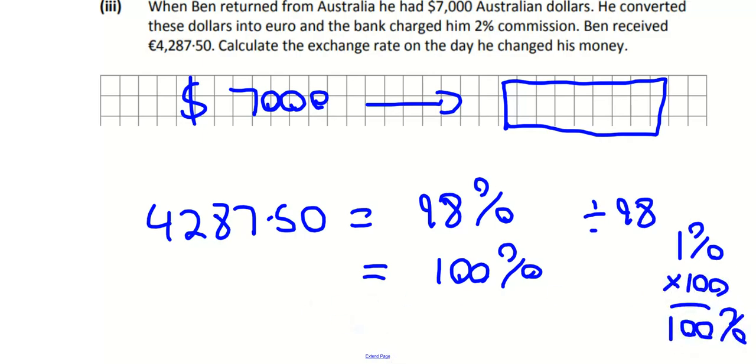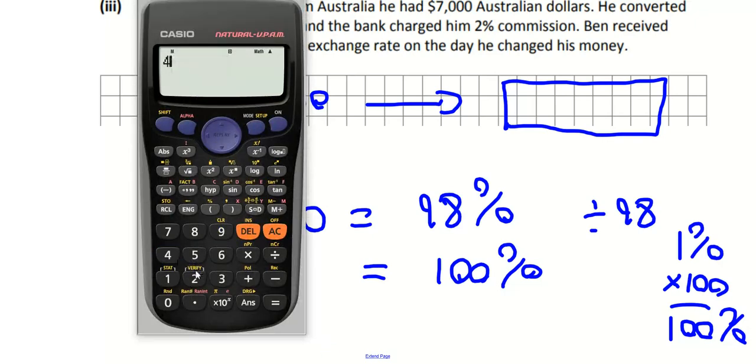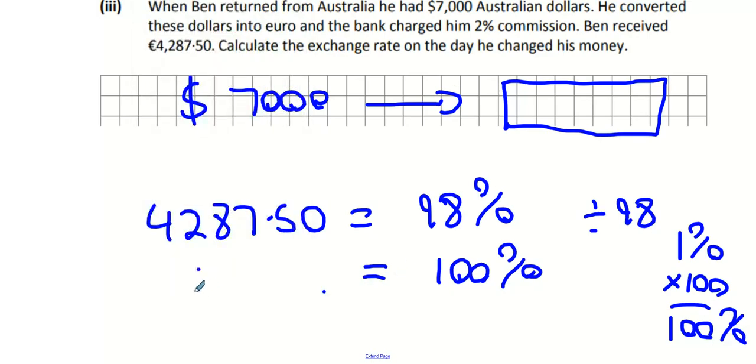So get this, look. 4,287.50 divided by 98, multiply it by 100. We should have got 4,375. Does everybody see that?